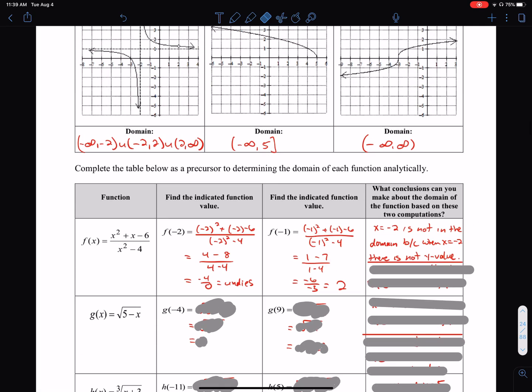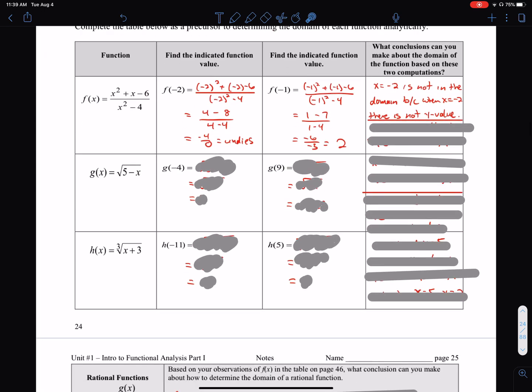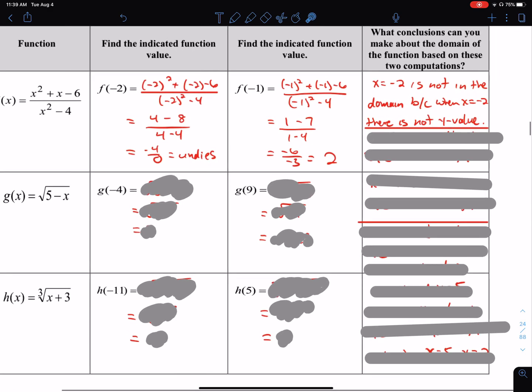And if you look back up here, we said that negative 2 was not in the domain. What can we conclude about negative 1? x equals negative 1 is in the domain because when x equals negative 1, y equals 2, which is a number.